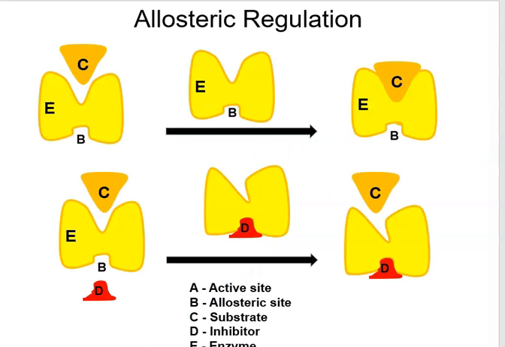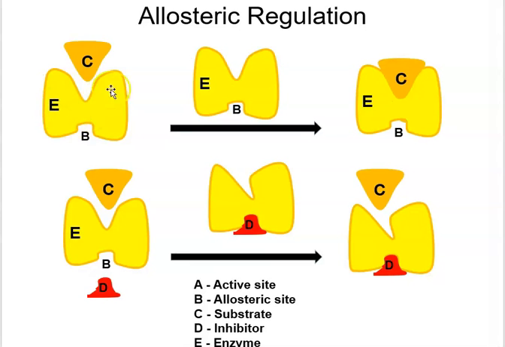So here's an example of another type of allosteric regulation. Many times they're non-covalent interactions that can change the shape, so intermolecular forces that can come in and regulate this. So this is the enzyme. Here we have the substrate up here, the allosteric site, and here's the active site.